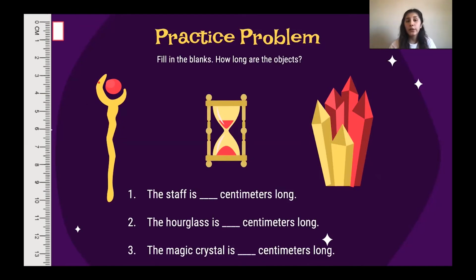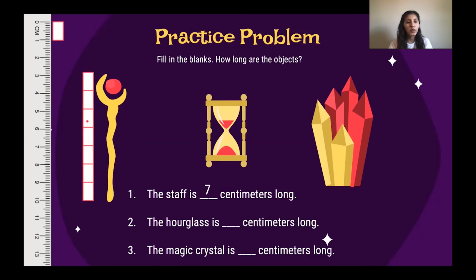Okay, now if you don't have a piece of paper to copy that, it's okay because we're gonna go ahead and show you. So let's do it together, ready? So that's 1, 2, 3, 4, 5, 6, 7. So this magician or wizard staff, the staff is 7 centimeters long.